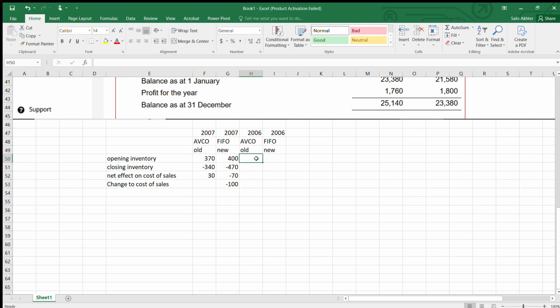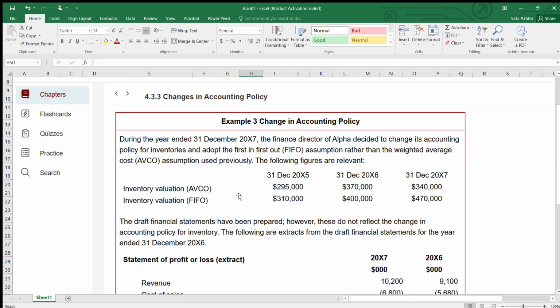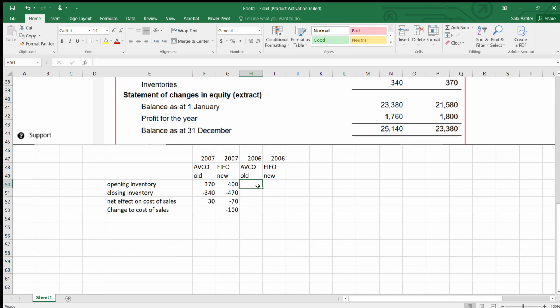Now, in 2006, the opening inventory. Here, opening inventory for 2006. Now you have to compare 31st December 2005 and 31st December 2006 under LIFO. So 295 is the opening balance and 370 is the closing. Again the sum function gives minus 75.